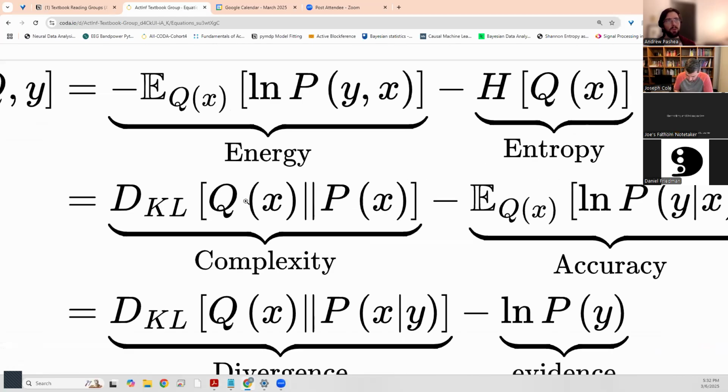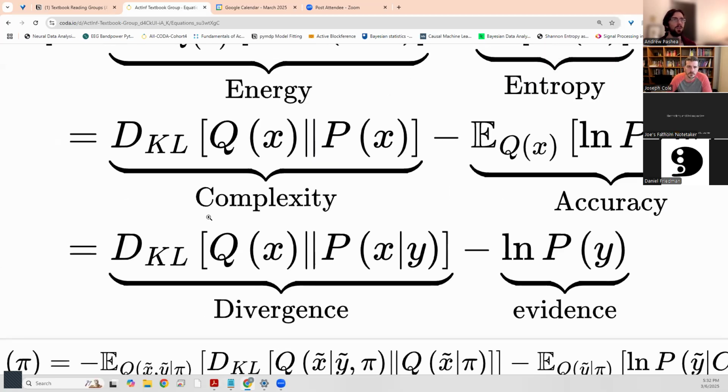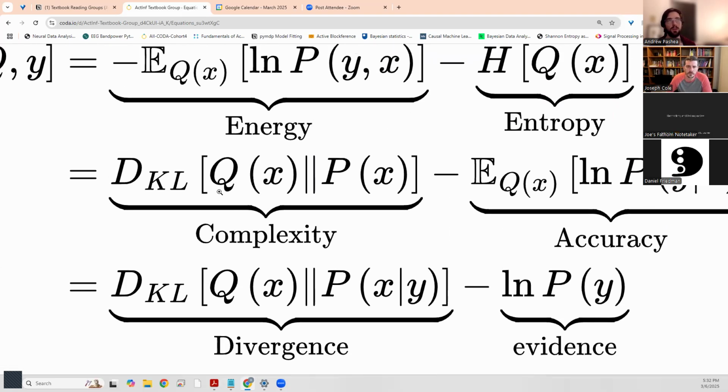And then for Q and P, Q is always used to denote posteriors. So this is like what do I think after a given instance versus what did I think before.